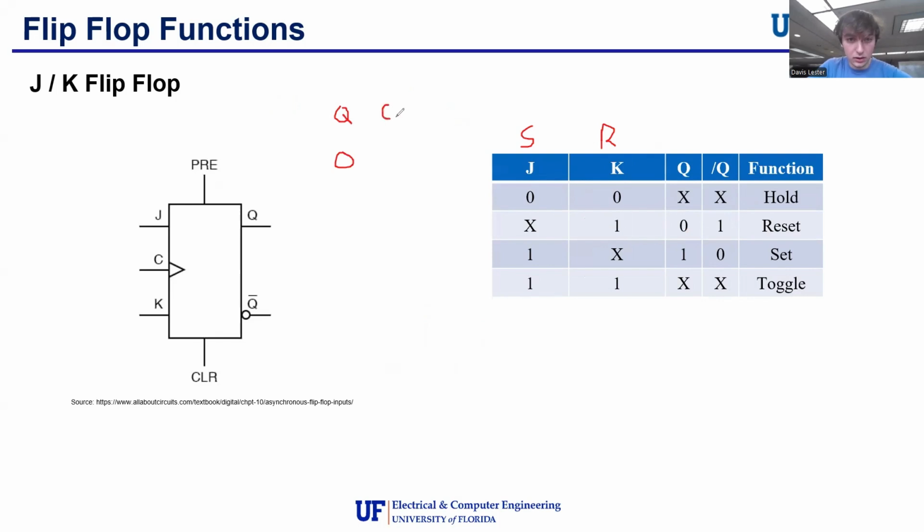And my Q plus is supposed to be a 1, right? So I know that I want the next state to be a 1, which means that we would ideally set it. So in a normal D flip-flop, actually in the SR latch, we would have S as 1 and R as 0.